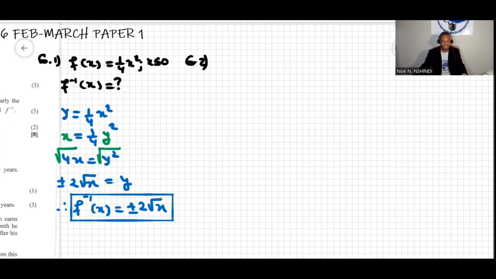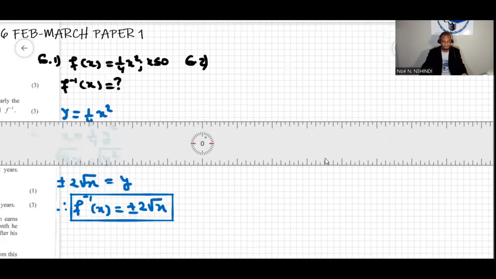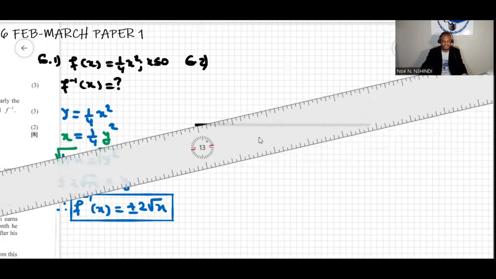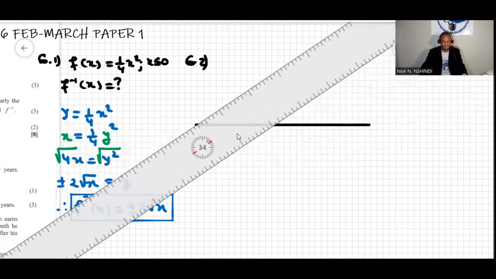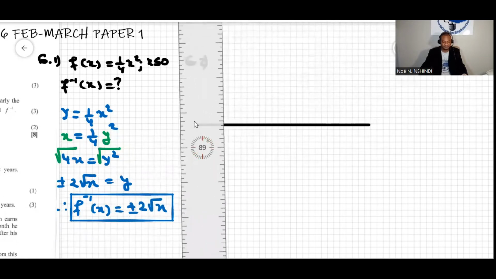Okay, let's sketch the graph. I'm going to draw my graph here. That's the x-axis, and then I want to do the y-axis.